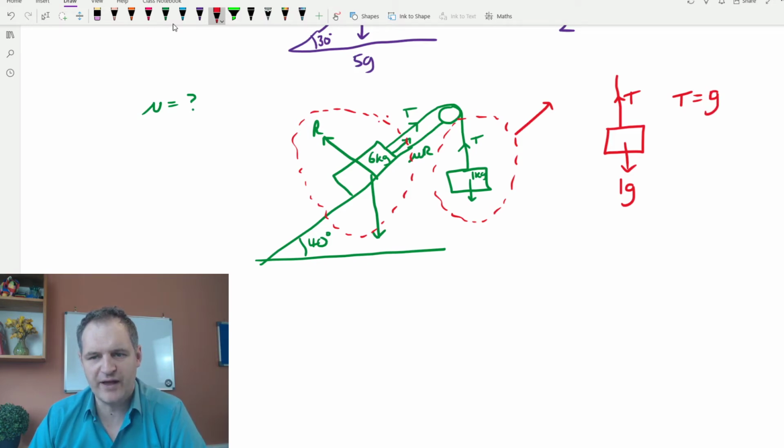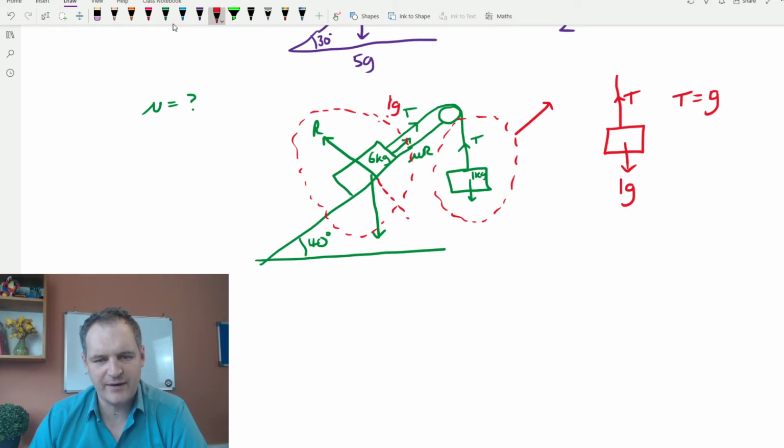Quite straightforward there. In that system, it's holding, it's not moving, therefore the tension is equal to the mass times gravity, so it's just g. This is all very useful when we look at this system over here, because we can now say that that's 1g, and we know it's in equilibrium.